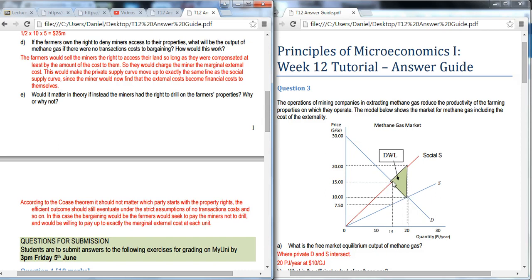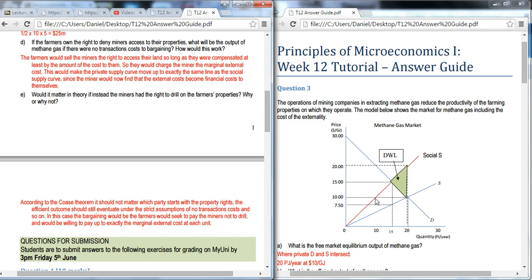But how much? Well, the farmers will pay the miners not to produce until the profit that the miners would make is equal to the cost to the farmers. The farmers aren't going to pay the miners not to produce down here, because at these quantities the miners are going to make a huge profit to produce, and the cost to the farmers is only very small.